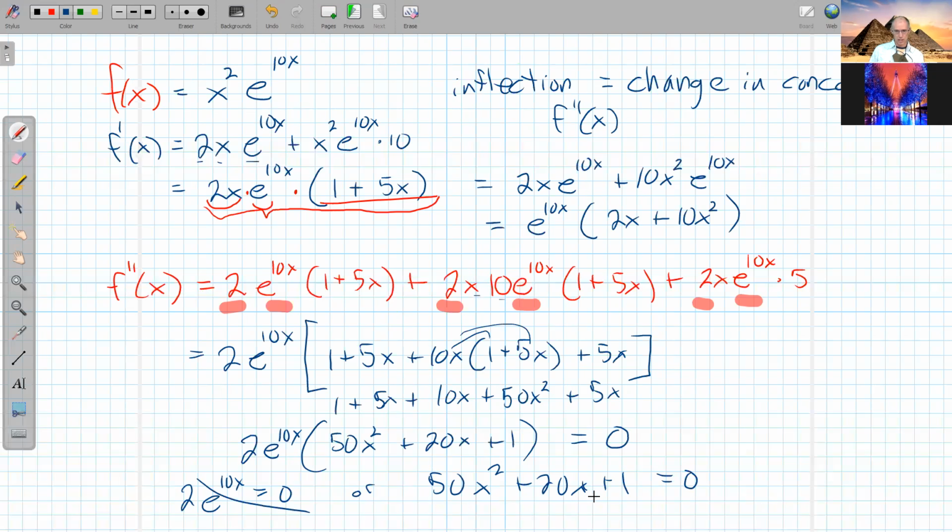And that does not factor, I do not think. Let's see, maybe it does. 50 is 1 times 50, or 2 times 25, 5 times 10. Those are the only factors, right?